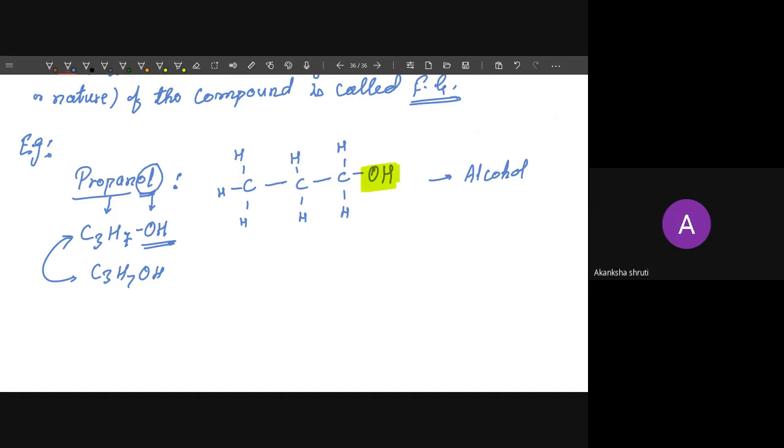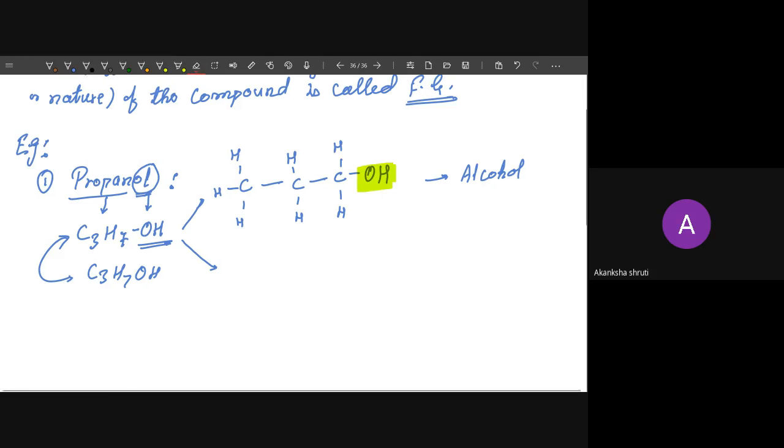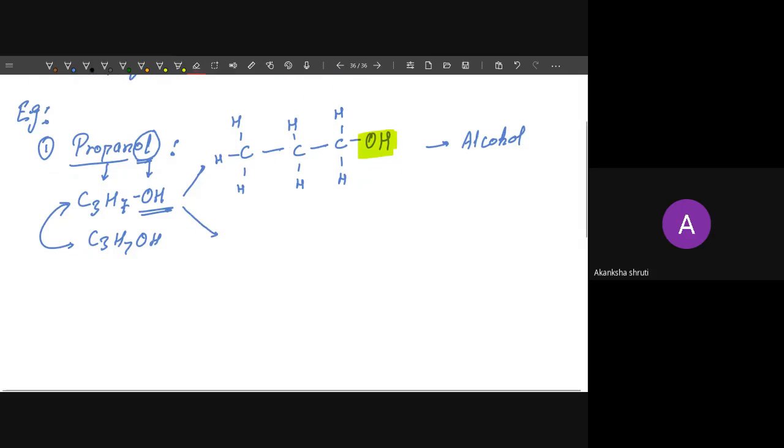If we are writing chloropropane, as a student you may draw the other structure also. For that, the isomers that we have learned, that characteristic also arises here. One of you may draw like this: carbon, carbon, carbon.